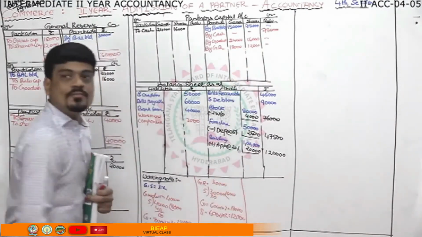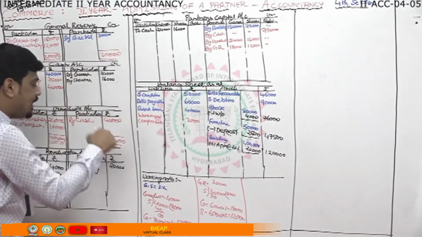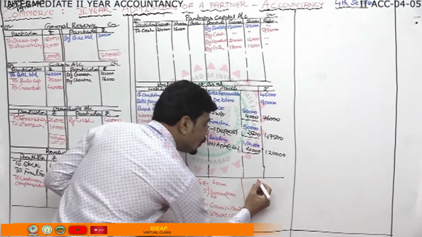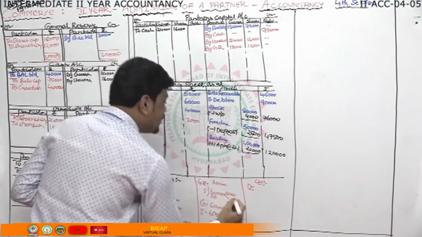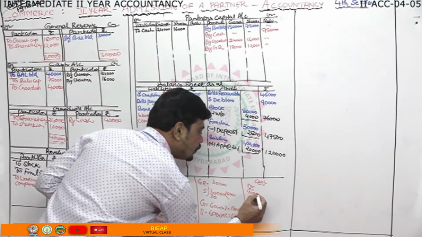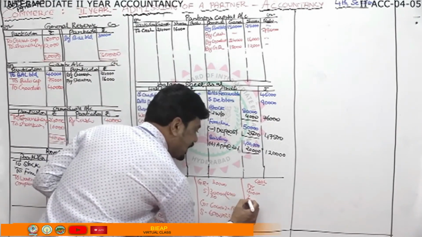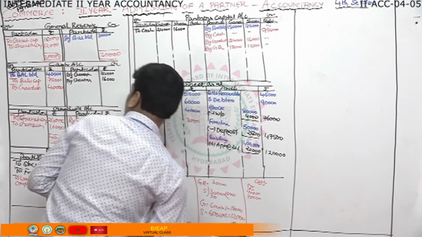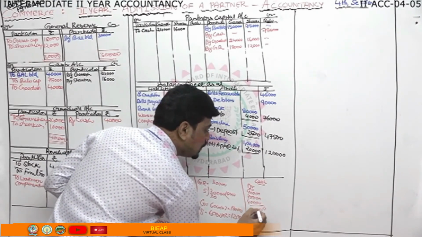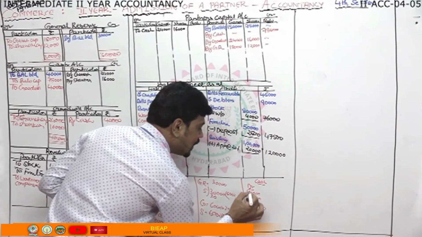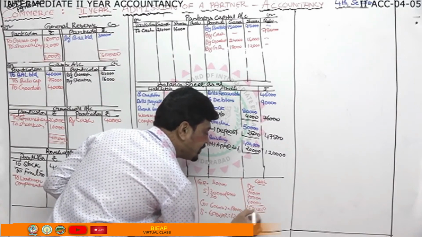Then we have the cash account. Better we'll do the balance of the cash account because we have debit and credit here. So cash, debit total. How much is the debit total? 40,000, 75,000 and again 40,000. So the total is 1,55,000.